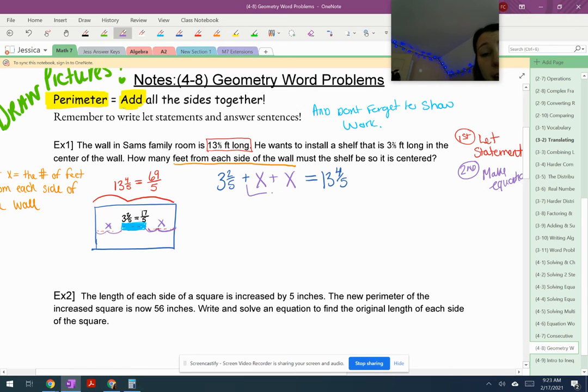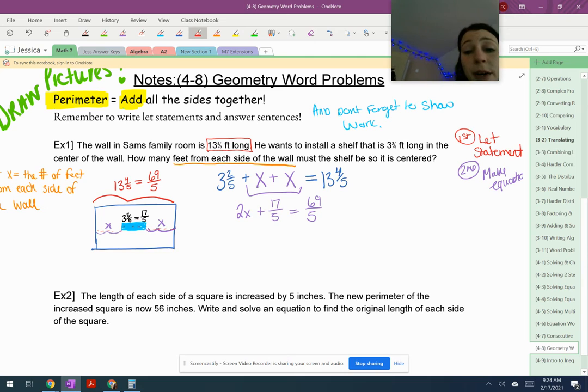So now we can solve. My x plus x gives me 2x. I'm going to now convert that 3 2/5 back to the 17/5 that we had before. The 13 4/5 I'm going to convert back to the 69/5. And despite the fractions there, you have a relatively normal two-step equation.